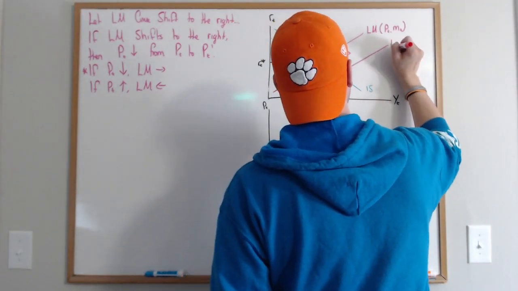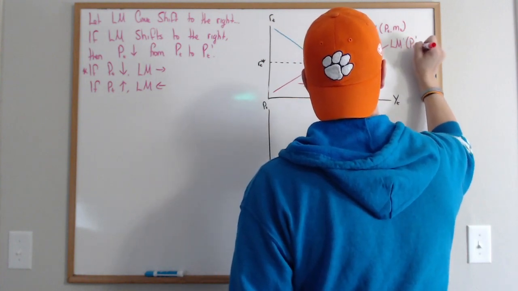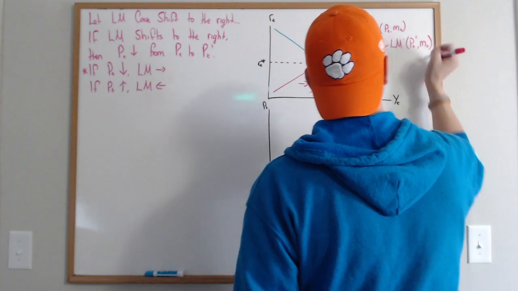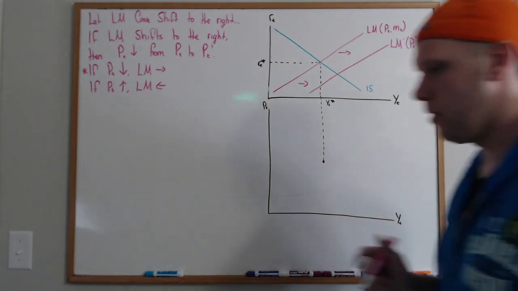Here's as good a place as any. I'll denote it LM prime, PT prime, MT. Now, there's no change to MT, right? The money supply has not changed. What has happened, though, is the price level has fallen, and the real interest rate has also fallen.